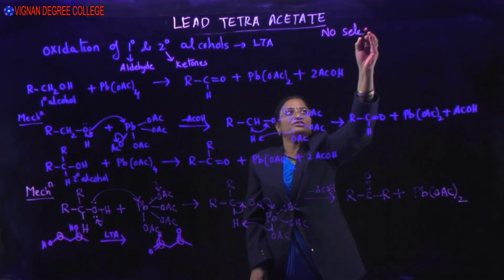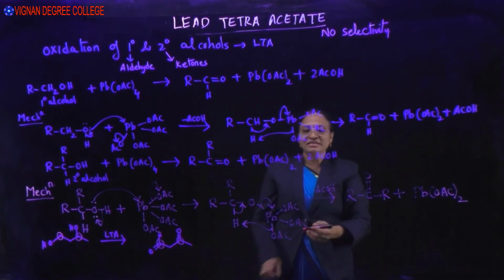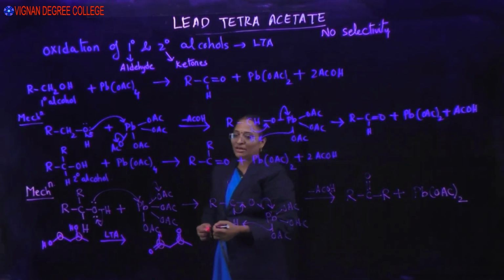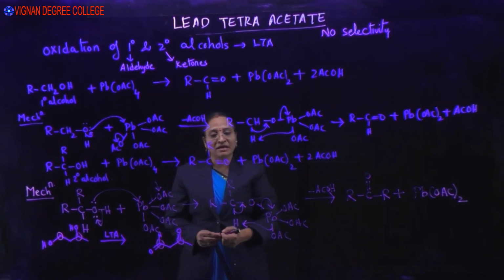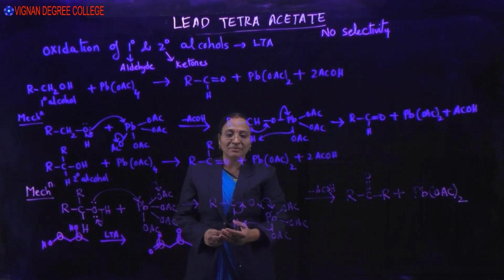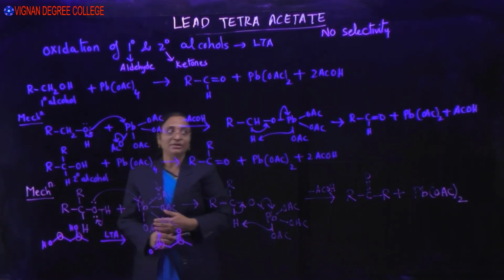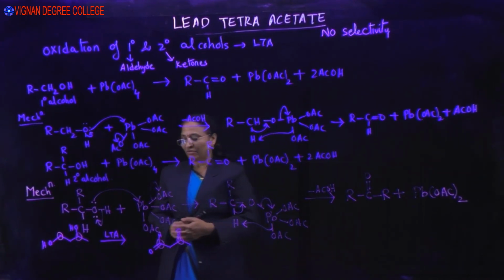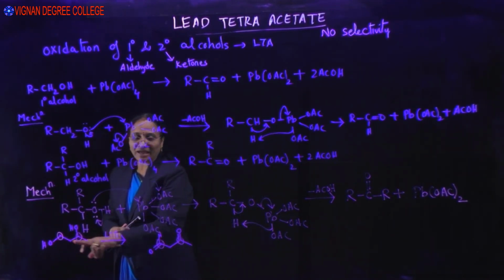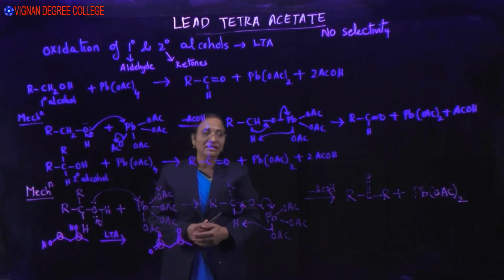So it is a strong oxidizing agent and it does not exhibit any selectivity towards the primary or a secondary alcohol, as we have seen in case of silver carbonate, where the silver carbonate preferentially undergoes oxidation of a secondary when compared to primary. But lead tetraacetate is a strong oxidizing agent, therefore it does not show any selectivity towards oxidation. Both primary as well as the secondary alcohols will undergo oxidation to aldehydes and ketones.